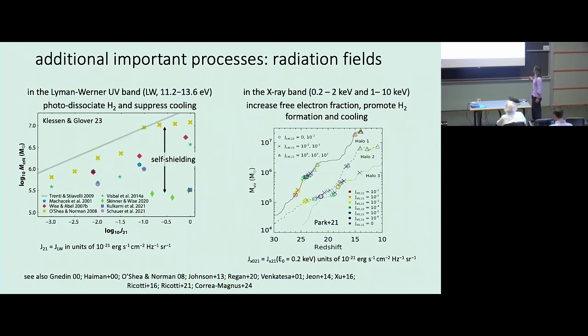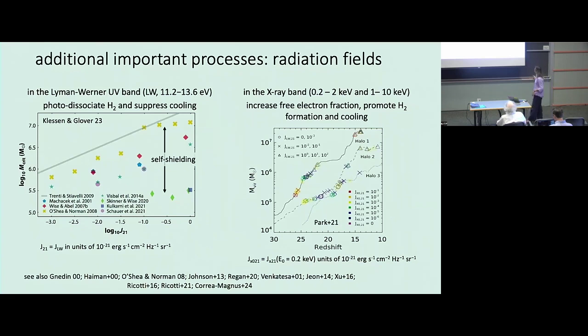And here again you see a similar effect, but this time due to the positive feedback from X-ray photons that instead increase the free electron fraction, promoting H2 formation and cooling.